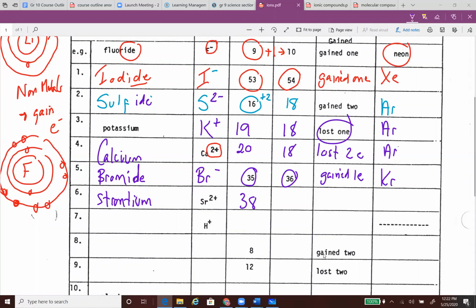Second column, it wants to lose electrons, right? So it wants to lose 2 electrons, just like calcium. So strontium and calcium are actually in the same family. So if it loses 2 electrons, it would have 36. Now, how do I know it lost 2 electrons? Well, because it's in the same family as calcium, but also because it actually says +2 here. So I know it lost 2 electrons. So it would also have the same number of electrons as krypton.